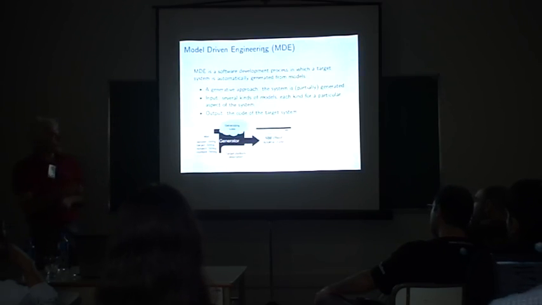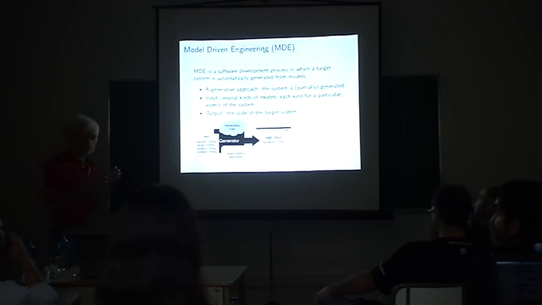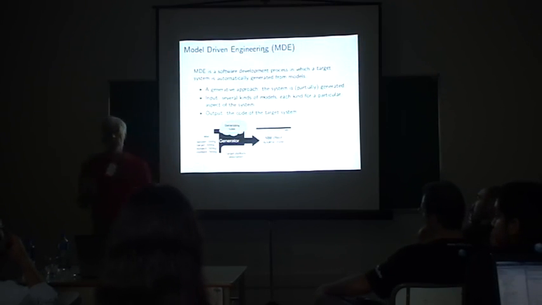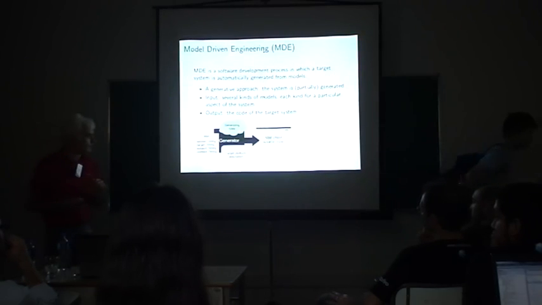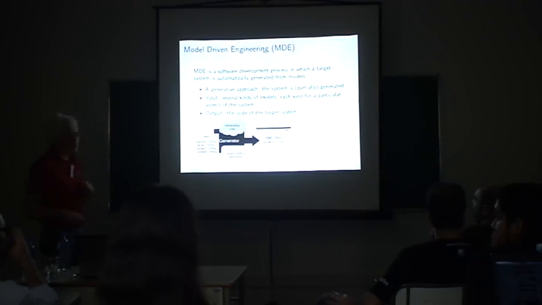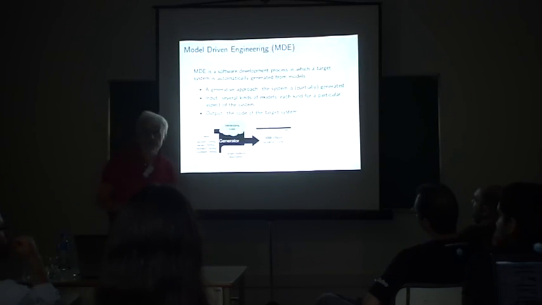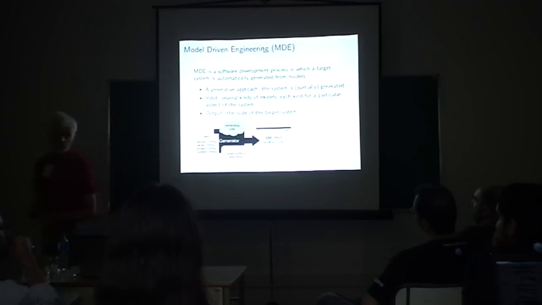As input, you have several kinds of models, and each model covers a particular aspect of the software. The final output is the code, or part of the code, of the system under development.